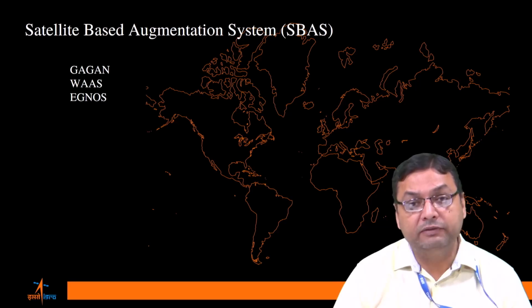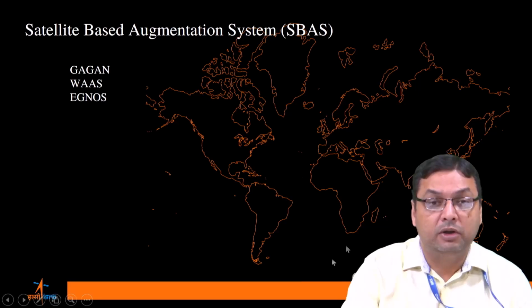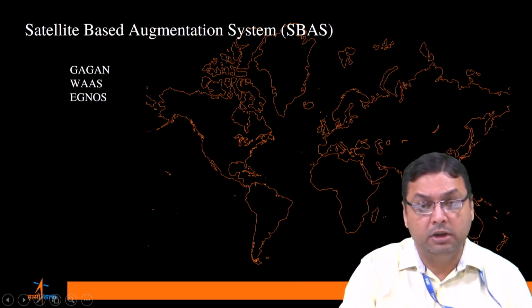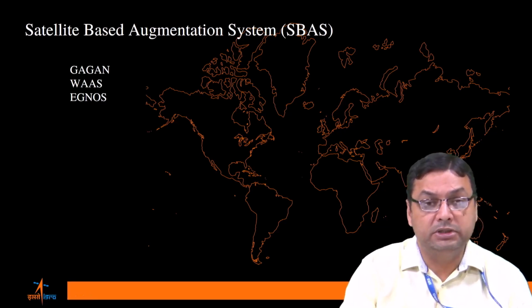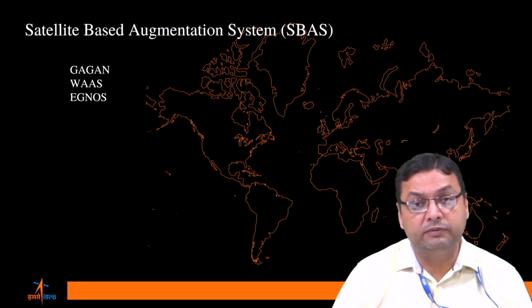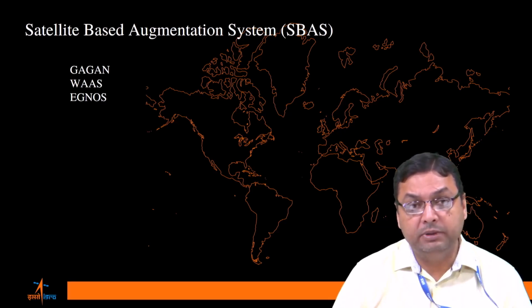The broadcast ephemeris data from the GPS is obtained over the reference stations all over the globe, the computation of the errors is done, and these computations, in the form of correction parameters, are sent to the geostationary orbit. In case of India, it is GSAT-8 and GSAT-10 which provide us the correction parameters for GAGAN. In real time, the correction parameters are relayed back to the users.